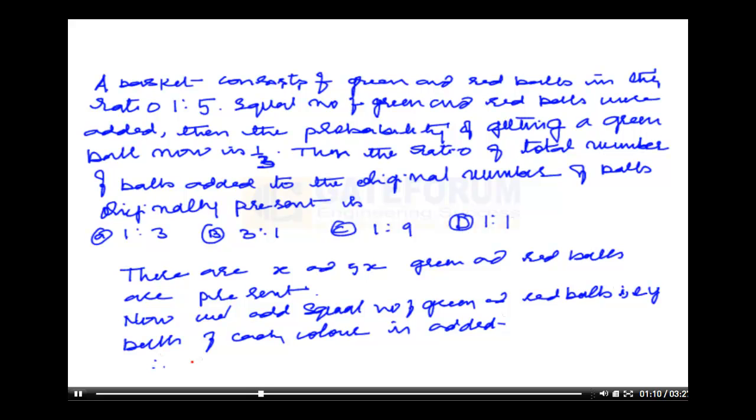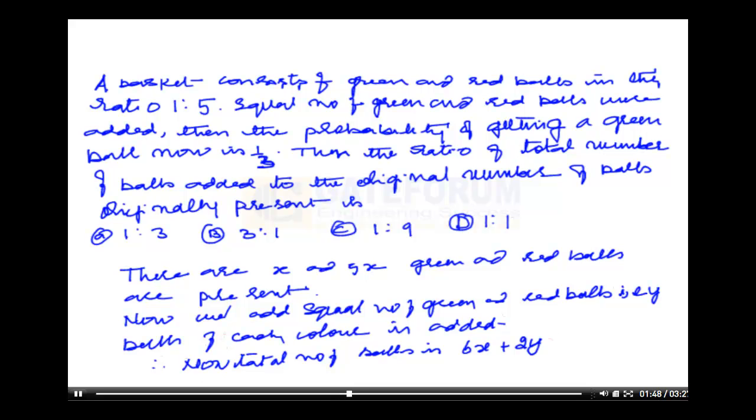Therefore, the total number of balls, initially 6x, plus y red balls and y green balls, that is 2y, is the new total of balls present.